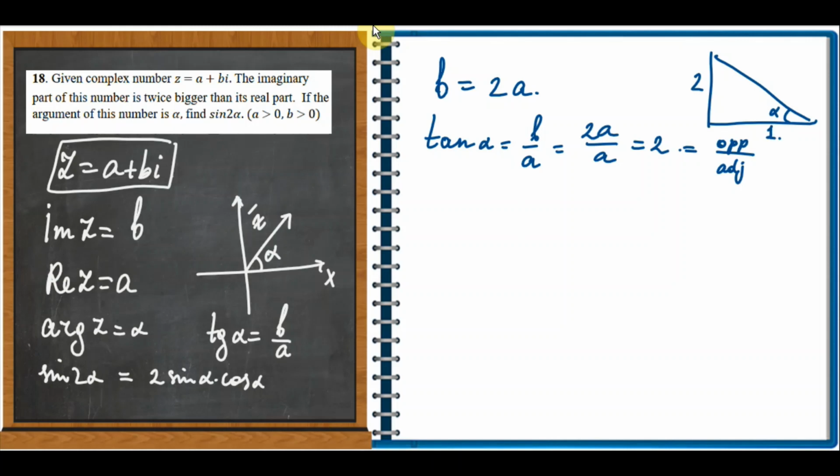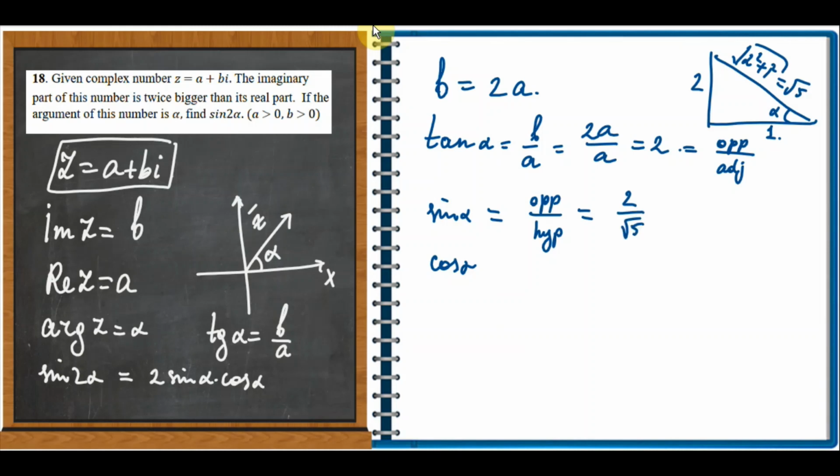And from here, if we want to find sine alpha and cosine alpha, we know that sine alpha is opposite to hypotenuse. So we must find the hypotenuse first. Hypotenuse is going to be the square root of 2 squared plus 1 squared, which is square root of 5. Now, sine is opposite 2 over hypotenuse, square root of 5.